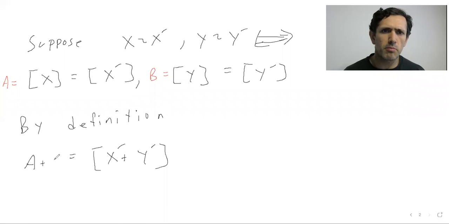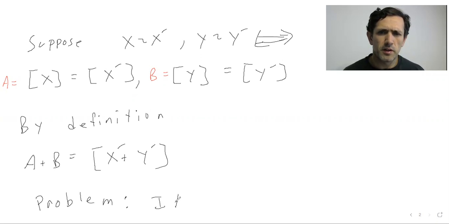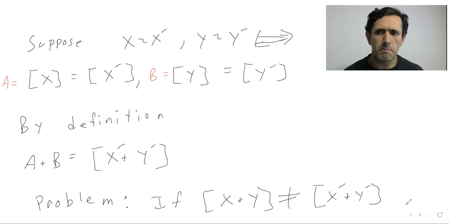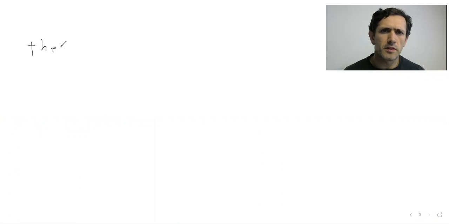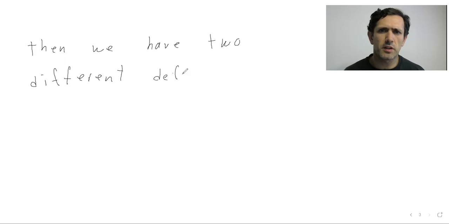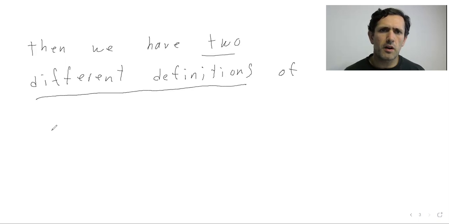So we have a potential problem here. Very simply, if these two classes are not the same, then we have two different definitions of A plus B. But the homework was to prove that they are the same.